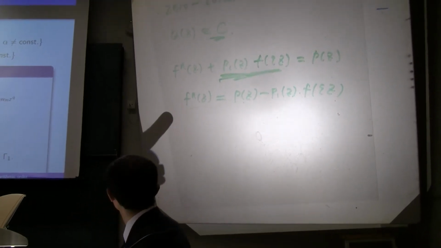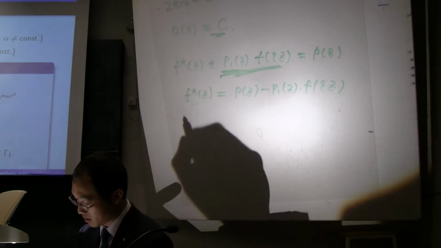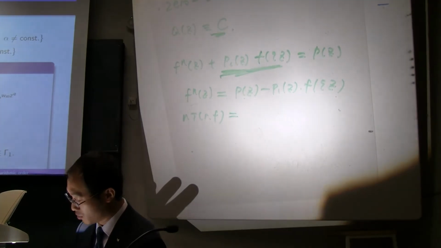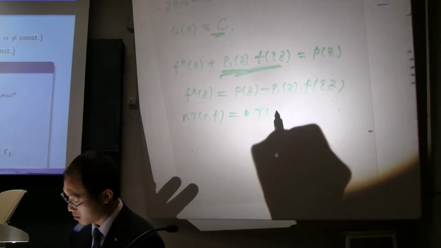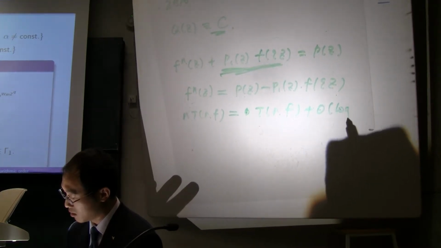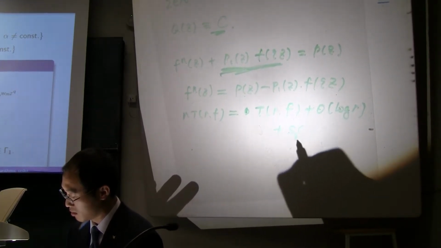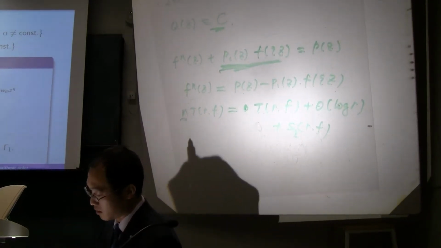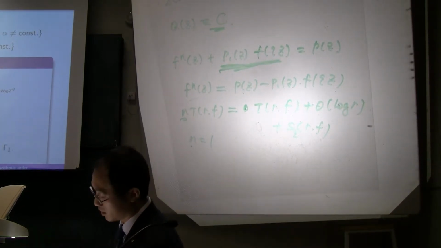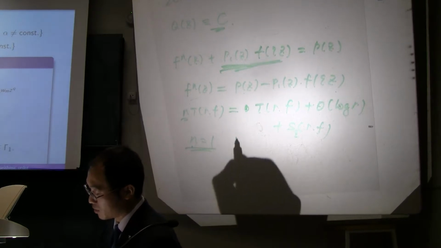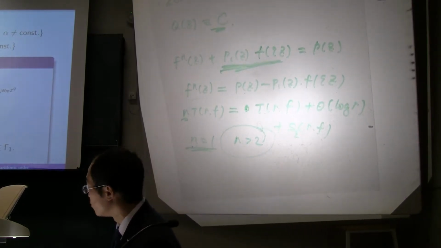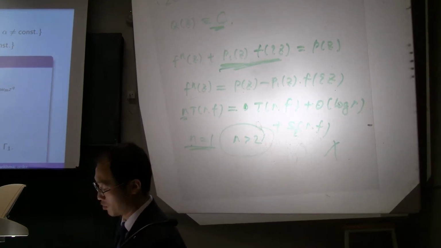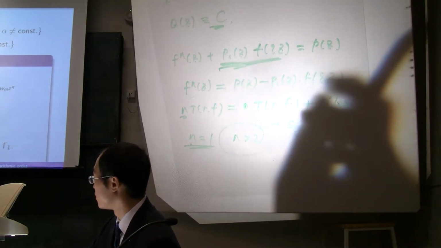Take the characteristic function of both sides. The left-hand side is nT(r,f). The right-hand side is T(r,f) plus logarithm r and a small term, so equality holds only if n is equal to 1. If we consider the non-linear difference equation, we suppose n is larger than or equal to 2. So that means it's a contradiction. That means there is no zero-order meromorphic solution of this difference equation.